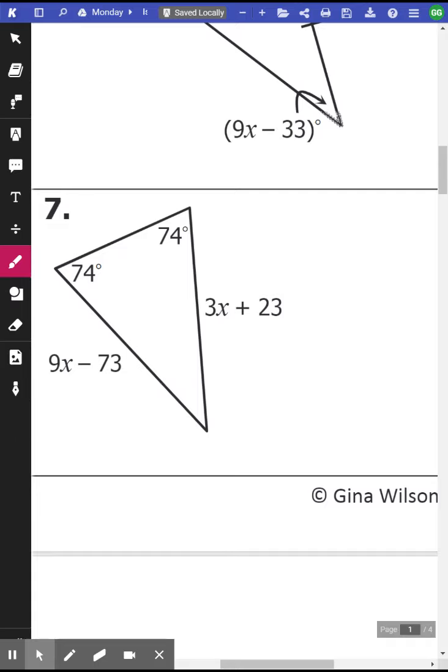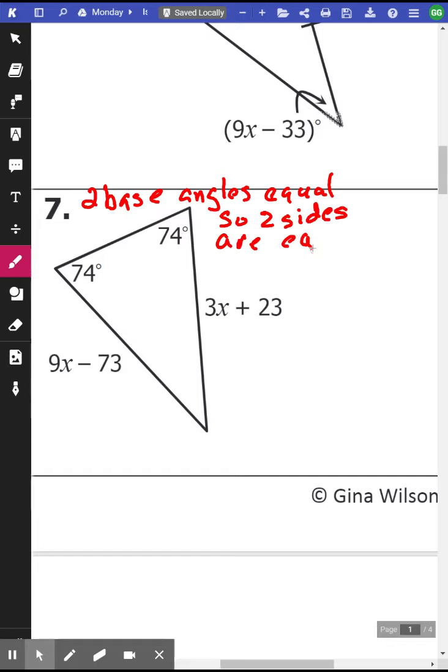We have 2 base angles equal. So 2 sides are equal.